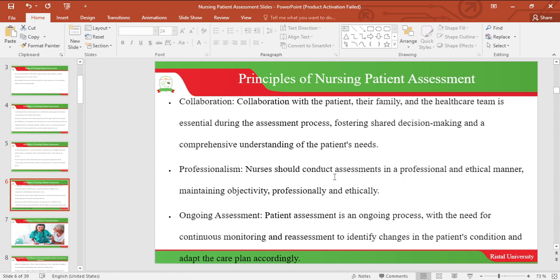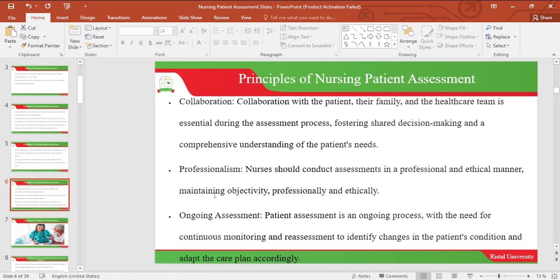Why? Because family members will be able to give us some of the history concerning the patient's illness. The healthcare team is also important, because the healthcare team will also be looking at the patient, and they will be sharing ideas on how the patient should be managed.